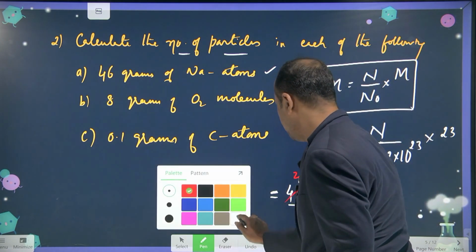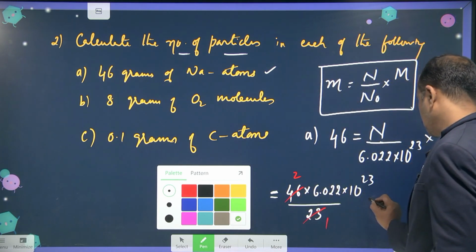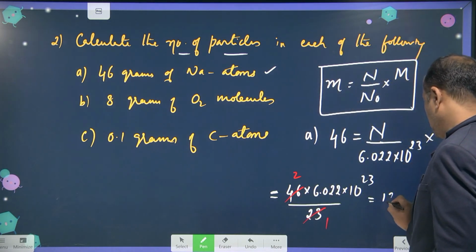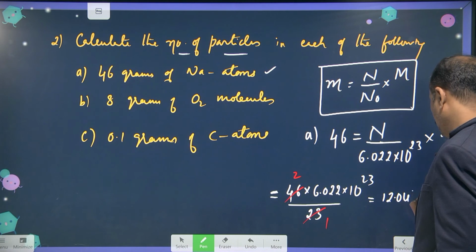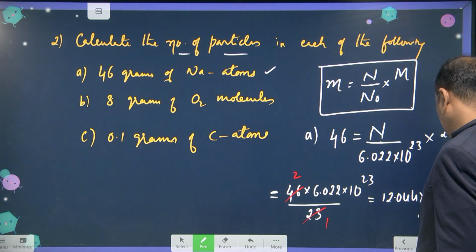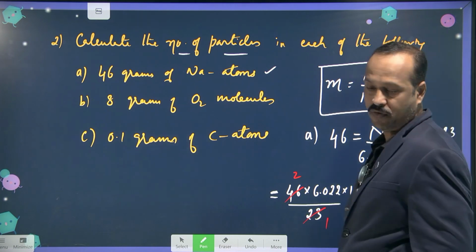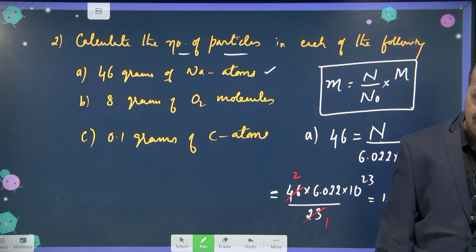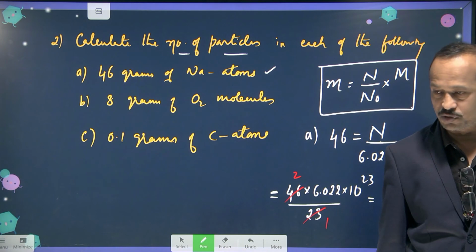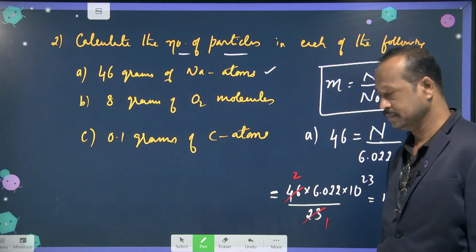Now I'll multiply, so 2 into this one becomes 12.044 into 10 to the power of 23. That's all. This is the number of sodium atoms present in 46 grams of sodium atoms. Is this clear to you? Once you check.